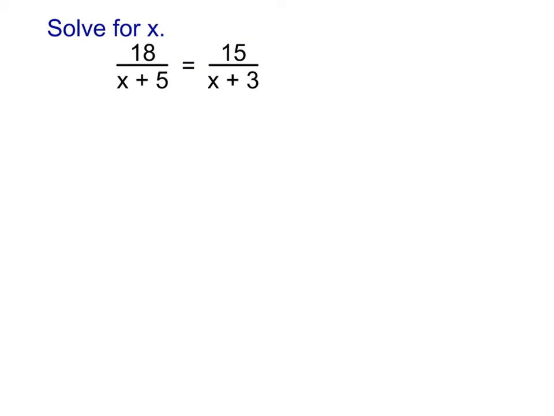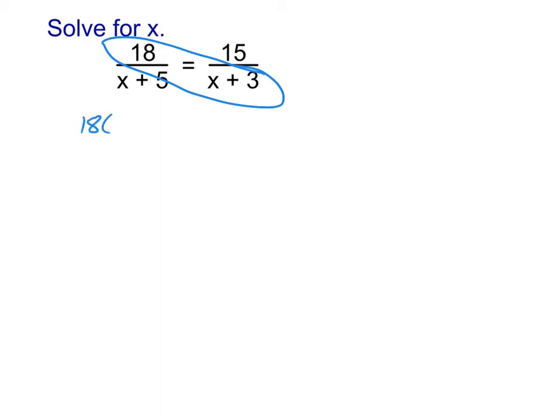All right, and now we go on to our next problem. And of course, write this one down, especially as we start getting into these trickier problems now. And then write down the work that we do as we go. So our strategy is the same, where we're going to cross multiply. But in this case, when we cross multiply, this 18 has to multiply by both the x and the 3.